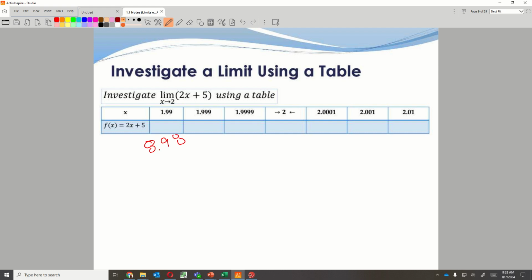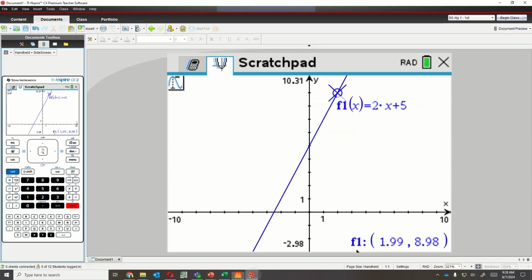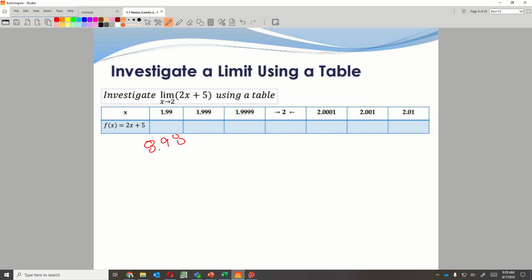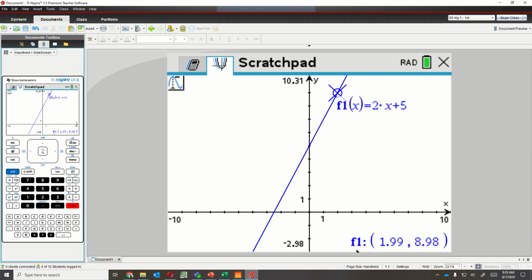All right, let's do the next number. The next number I had was, oh no, wait, 1.999. I already have graph trace on, so 1.999.